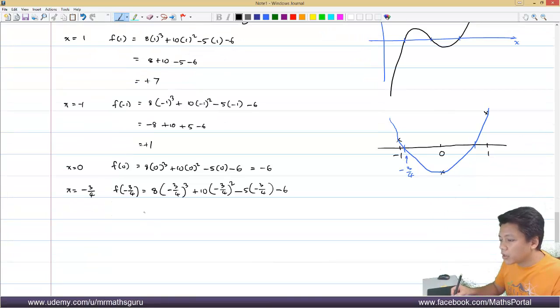It's going to be a lot of mathematics here, a lot of calculation. Minus 3 cubed is minus 27. And 4 times 4 is 16. 16 times 4 is 64.